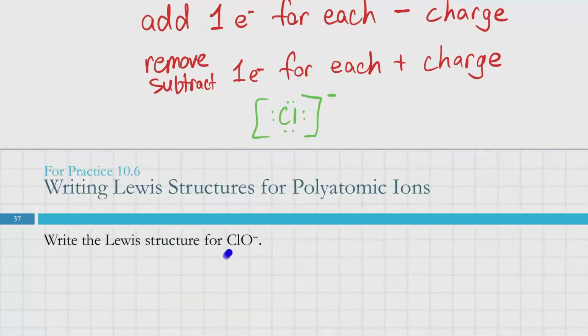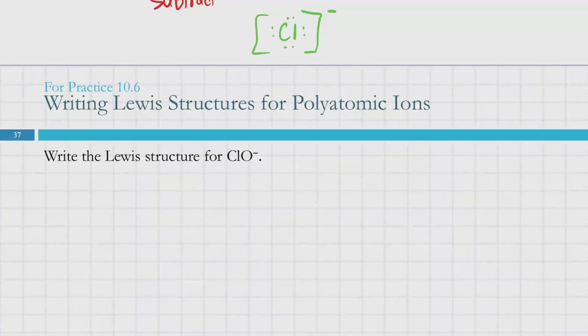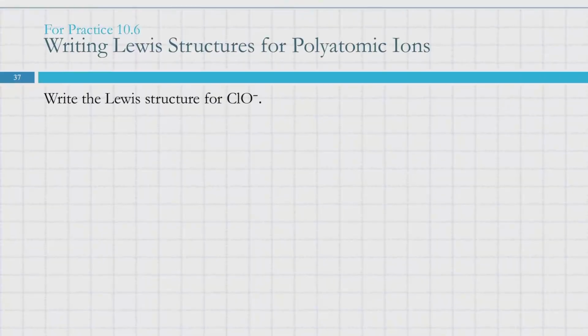So we want to write the Lewis structure for ClO-, hypochlorite ion. We have 2 things. When you have 2 things, it's hard to get it wrong. Just don't put them right on top of each other, and it's a perfectly acceptable skeletal structure. We have chlorine, we have oxygen.